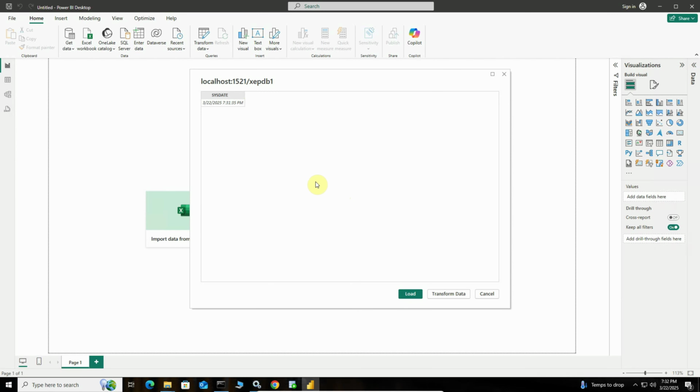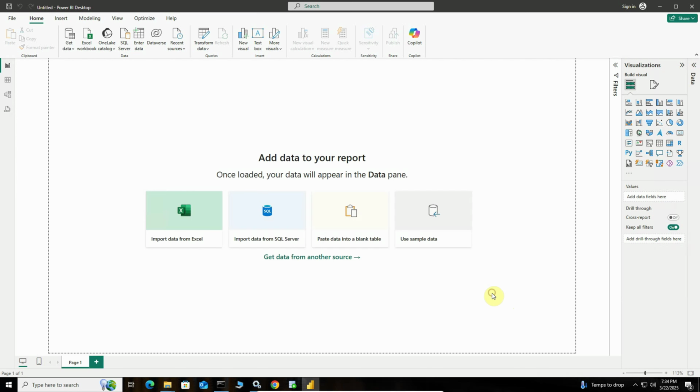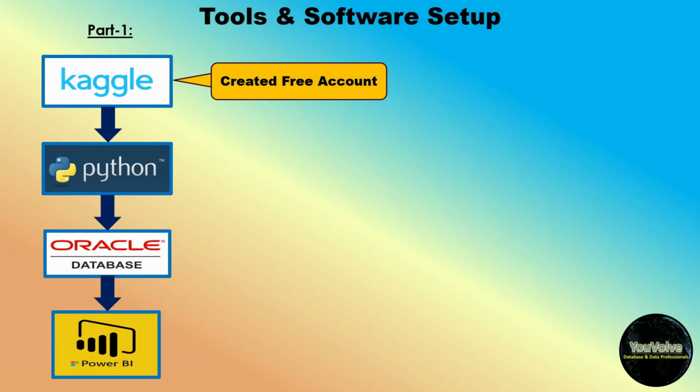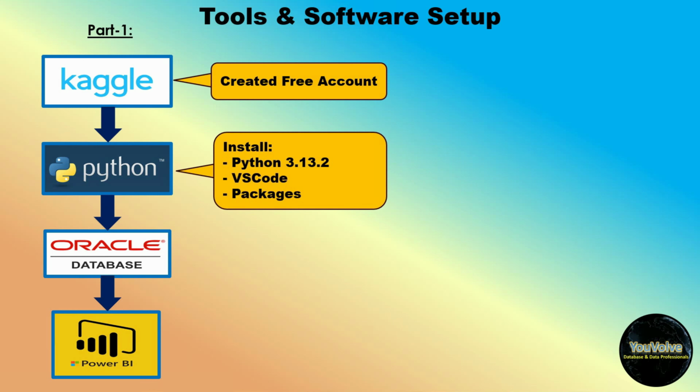With this, we have completed the setup and configuration of our entire environment for the project with Kaggle, Python, Oracle database, and Power BI. Let's cancel this window. With this, I am concluding part 1 of this topic. So here is a recap of what we have done in part 1. We created our free Kaggle account. Then we installed Python version 3.13.2.